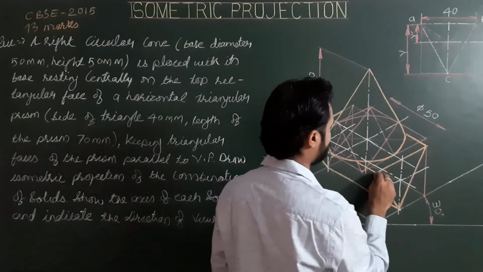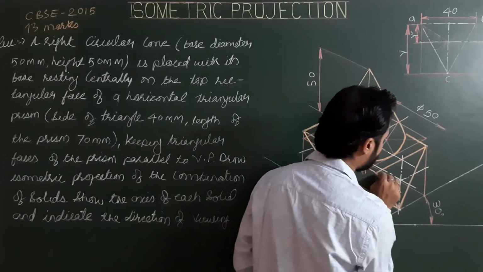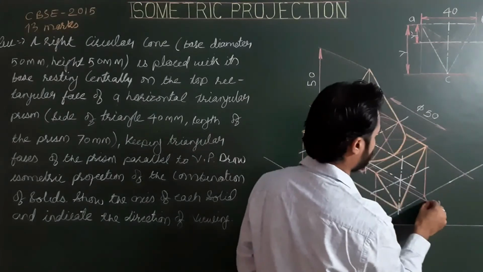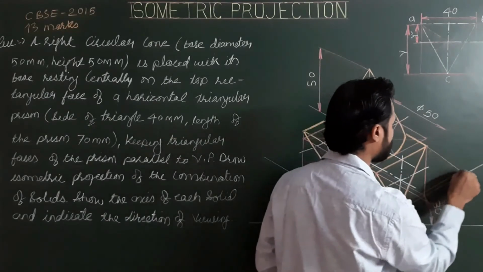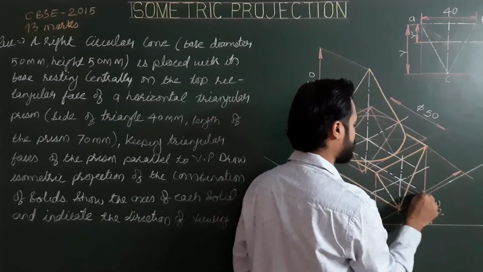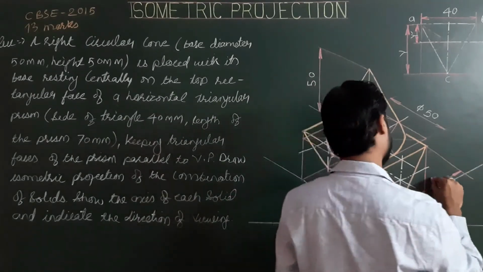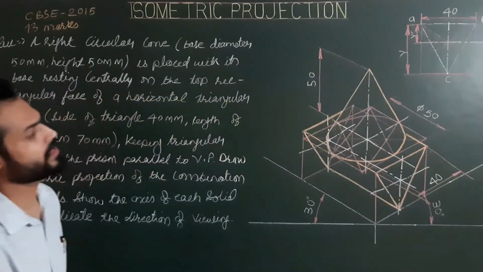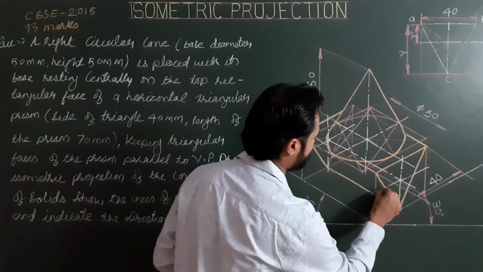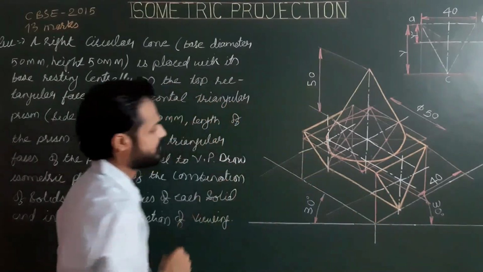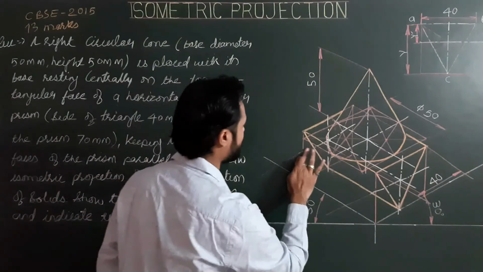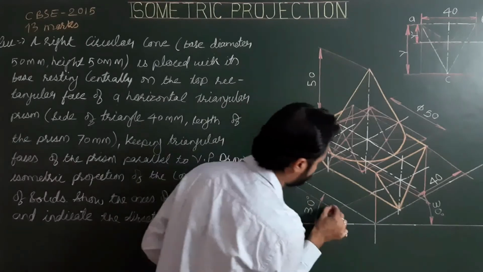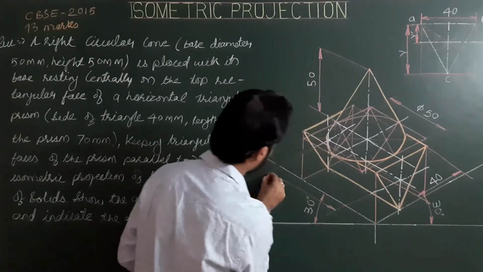So we'll extend this line like this, and we'll show the side and last the axis or length of the prism. The length of the prism is 70.